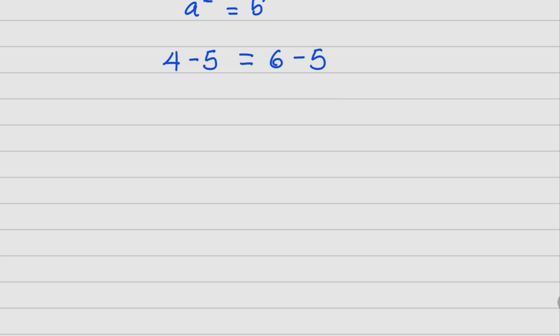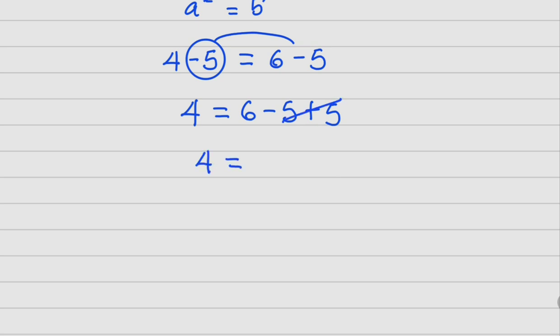Now, I will take this to this side so that I have 4 is equal to 6 minus 5 plus 5. So it means that 4 is equal to, these two cancel out, 6.